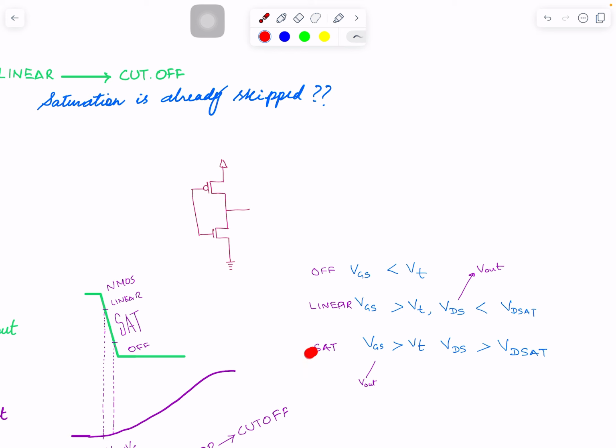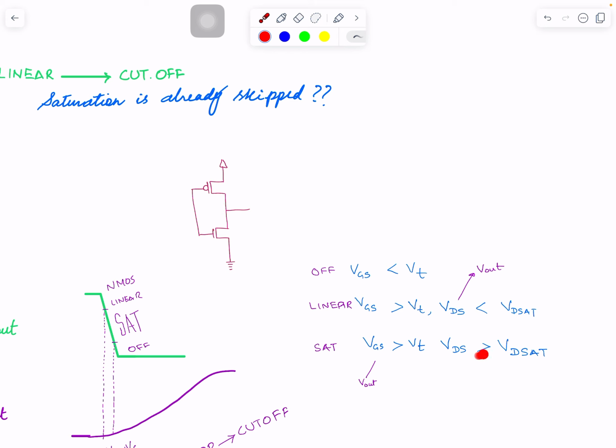If you see linear and saturation, both have this in common: it needs to be greater than the threshold voltage for the transistor to be on. But to differentiate between linear and saturation, let's talk about saturation first. Because PMOS was already on, just when we were turning this guy on, this node is nearly at VDD voltage.